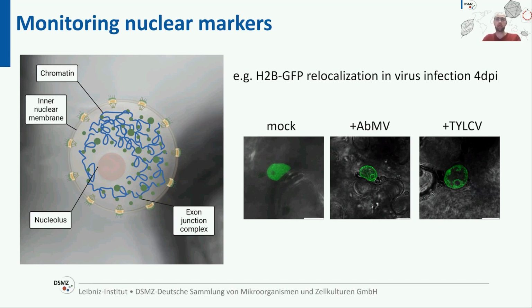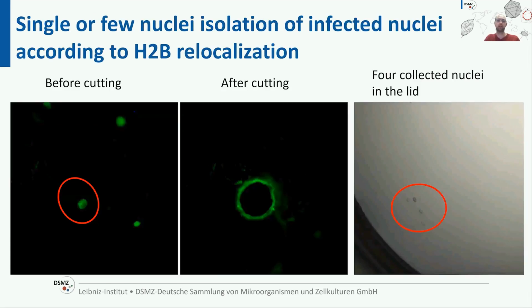When it comes to a viral infection, either with ABMV or TYLCV, which is another begomovirus, we can see a different GFP signal than in healthy nuclei. And we use this relocalization to localize infected nuclei in peeled epidermal tissue.